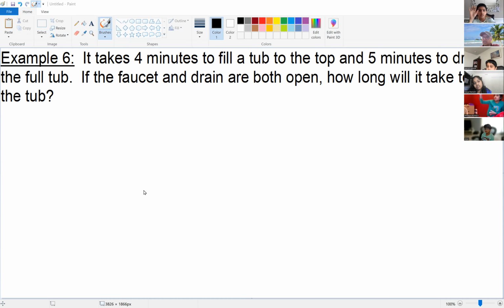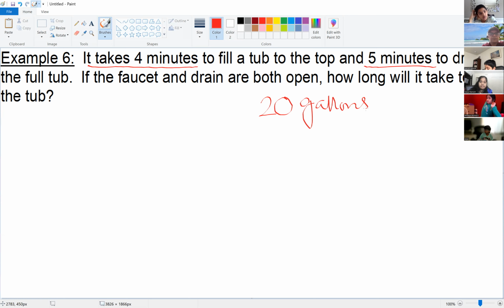I think you're supposed to subtract those 2 numbers. We'll say the bathtub is like 20. It takes 5 to fill, 4 to drain, subtract them to create 1, and 20 over 1 says it'll take 20 minutes.